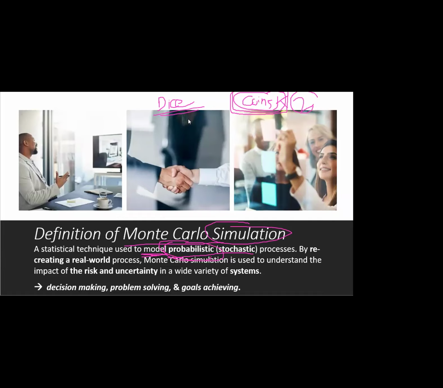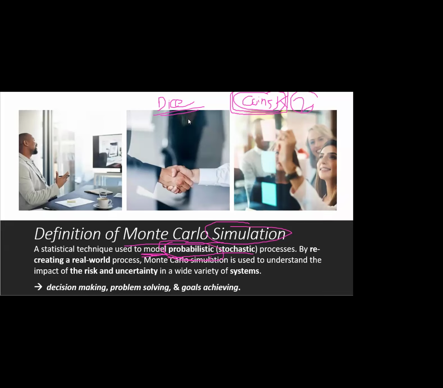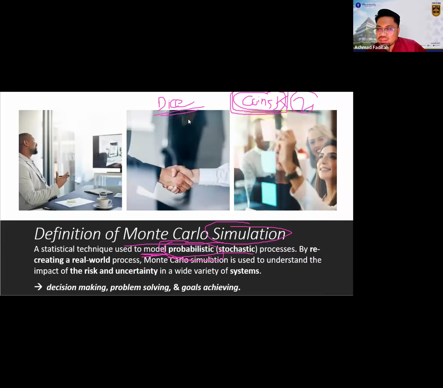I suggest someone. How about Maitza? Okay, Maitza. Yes, sir. The dice have 6 events based on Raihan's statement, and then how much is the probability to get every number?